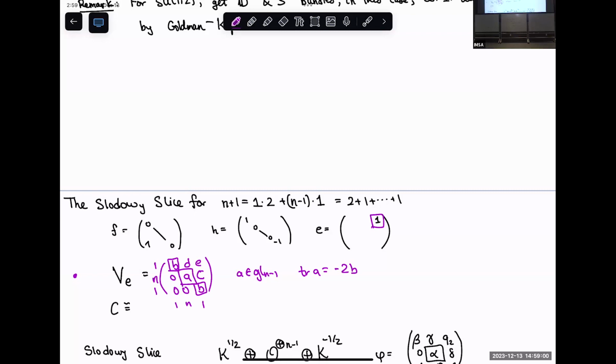Now, what is C? C is the centralizer of the SL2, which I'll move over here. C, well, it's lambda, A, lambda, 0, 0, 0, 0, 0, 0, where the determinant of A is lambda to the minus 2.